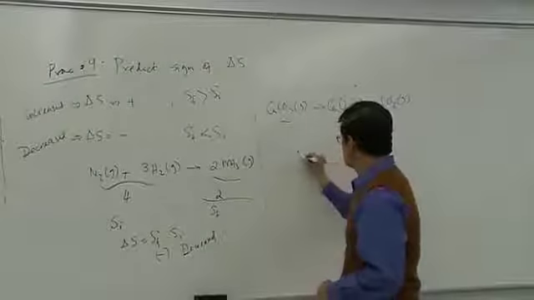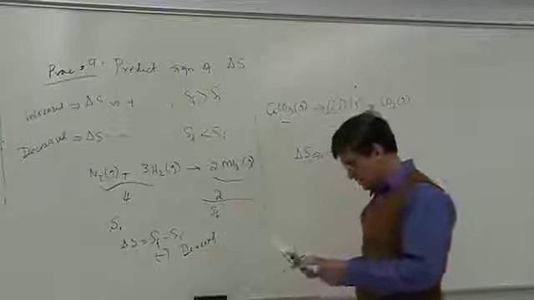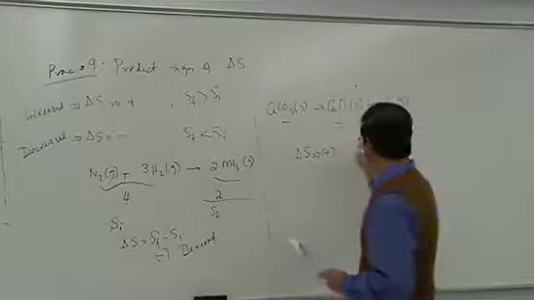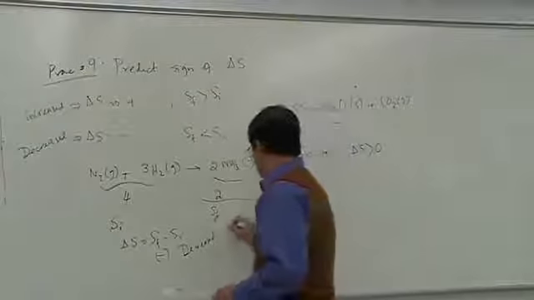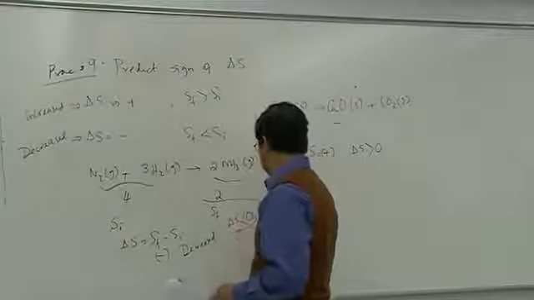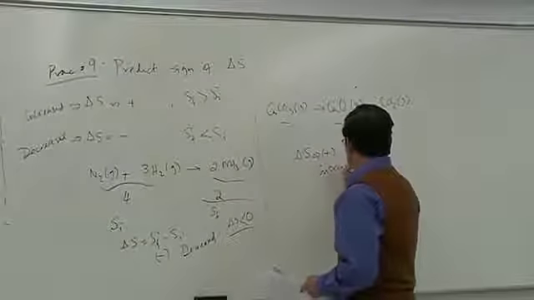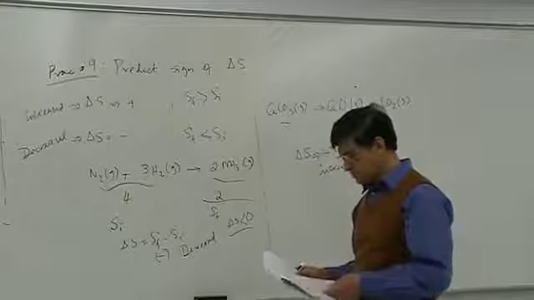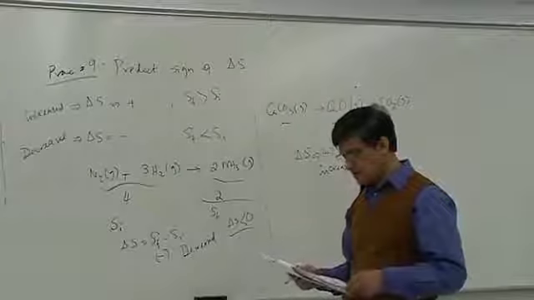So in this case, change in entropy will be positive, or entropy is going to be increased. Or we can write delta S greater than 0. This is delta S less than 0. This is increased. So there will be a simple question like this in exam. So make sure you understand both. Plus means increased, minus means decreased.